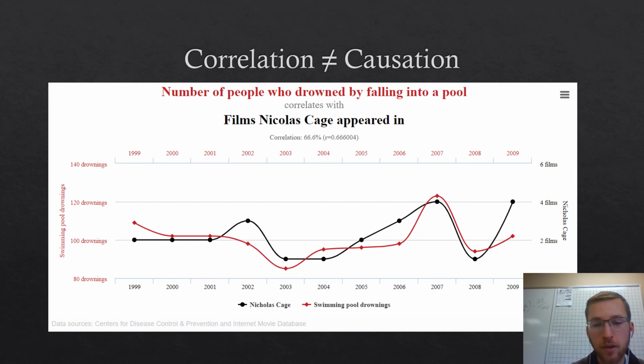I think we all could agree that these two variables are not in any way associated with one another. This just hits home the point that just because two variables are correlated, it does not mean that they cause one another. Nicolas Cage being in a movie does not determine how many people are going to drown by falling into a swimming pool, or vice versa.